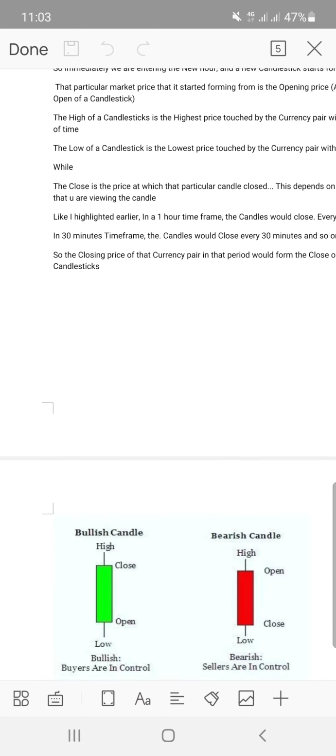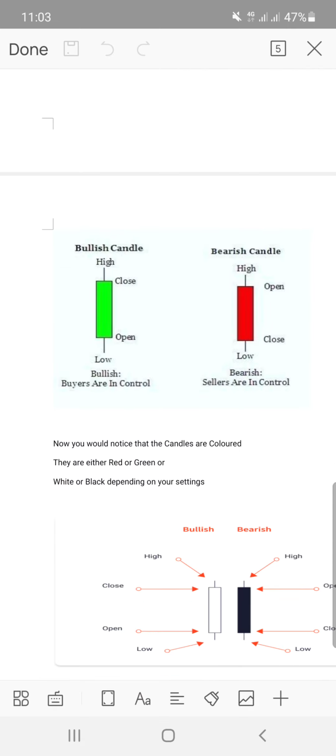Let me just go forward so you understand better. Now, see the full body, this green part, then this slim part you are seeing here, we call it the wick. Just the way our candles are, it's very similar. There's the main candle where you have the wax, then that rope inside, we call it the wick. And in forex trading, that long line you see there, we call it the wick.